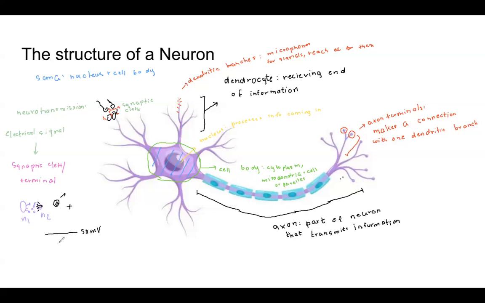It has to reach 50 millivolts for the neuron to fire. So basically say that the stimulus, basically the sum of inhibitory and excitatory. So basically inhibitory are signals that reduce the threshold, and excitatory are the signals that increase the threshold.